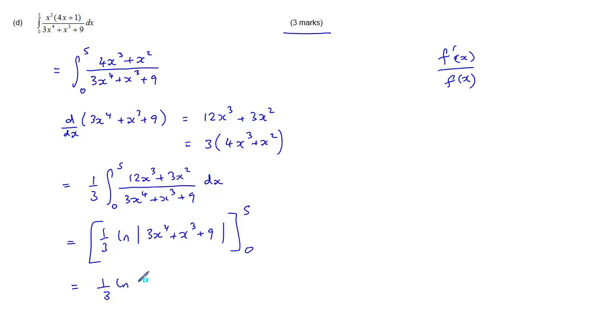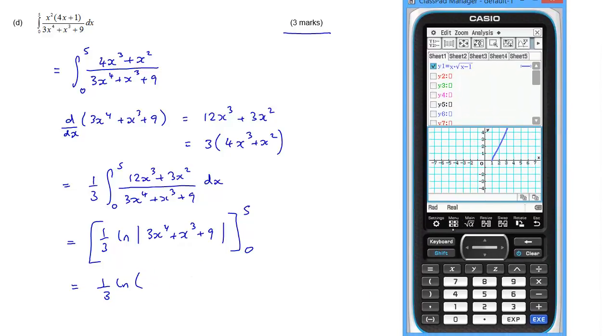So that's 1/3 ln. So now we just need to use the calculator.